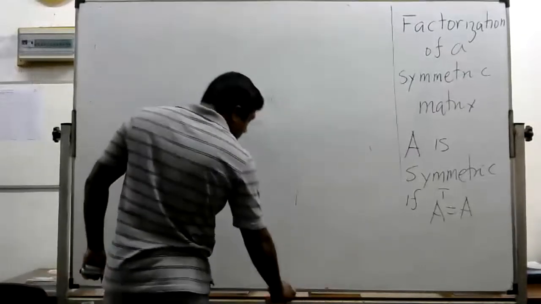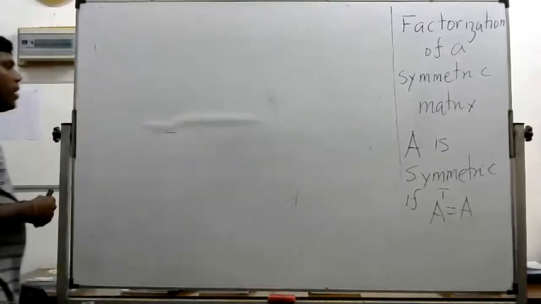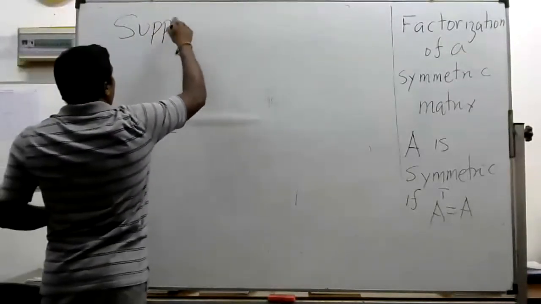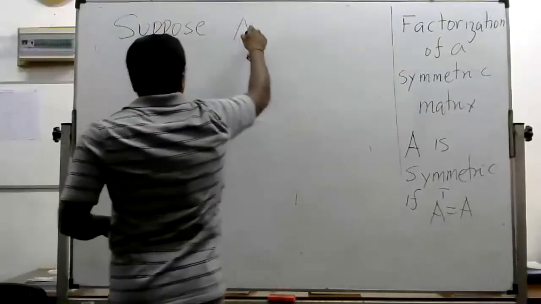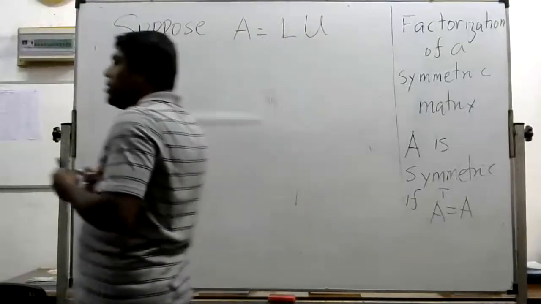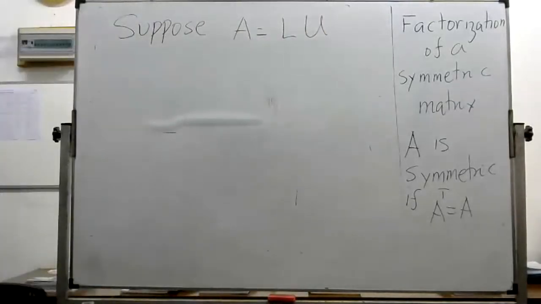Suppose A has a factorization A is equal to LU, where L is a unit lower triangular matrix and U is an upper triangular matrix. That is something we studied in the first year.